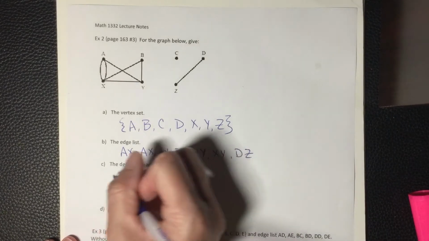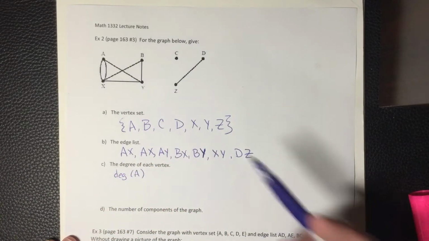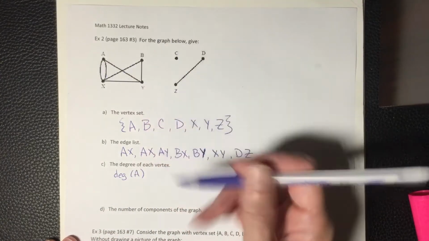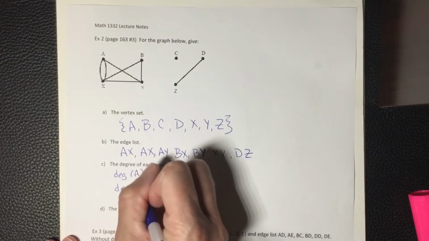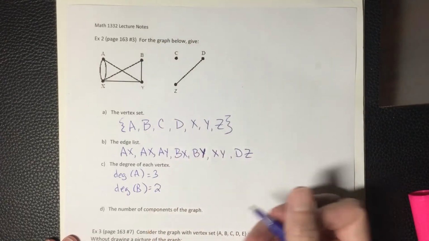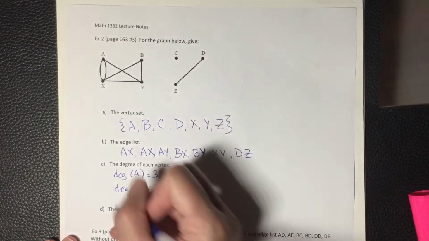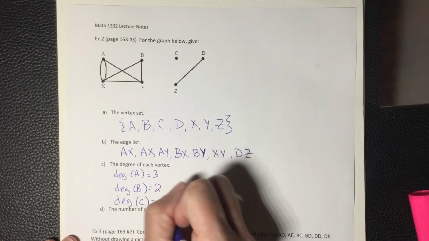Alright, so if we do the degree of each vertex, remember for this we count the number of lines coming off of that letter. For A it's 1, 2, 3. And then we move on to B. For B we see 2 lines, so 1, 2. If we do go alphabetically and jump over to C, notice C doesn't have any lines coming off of it, so its degree is 0.